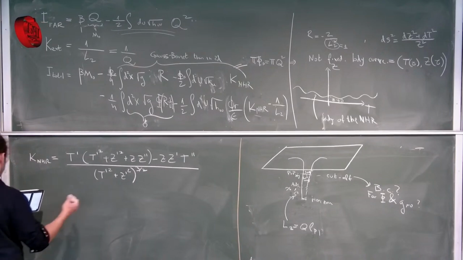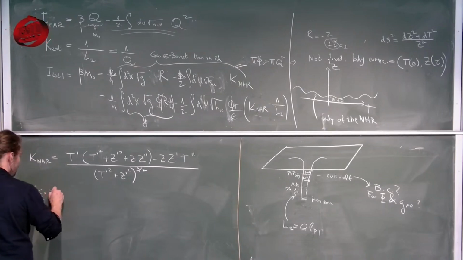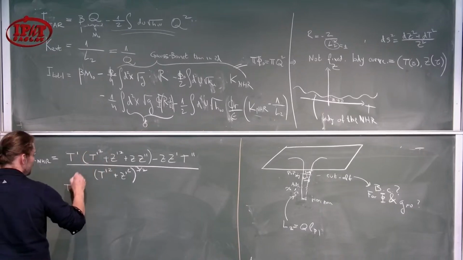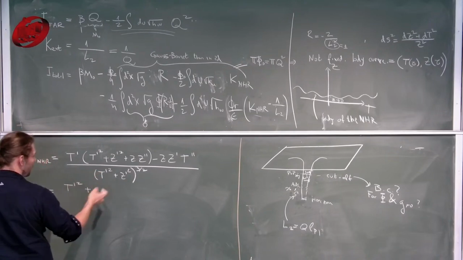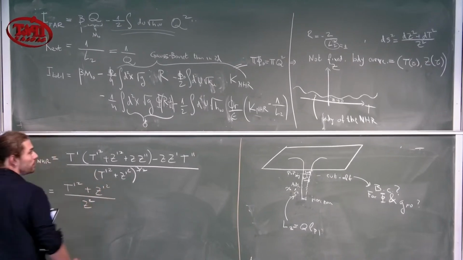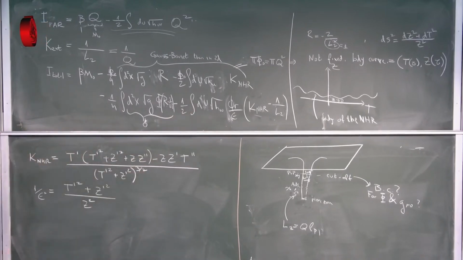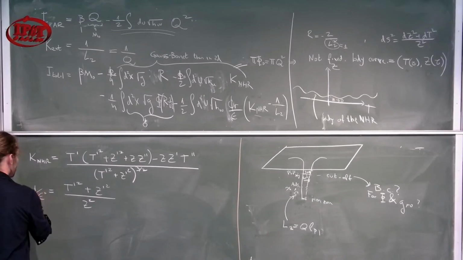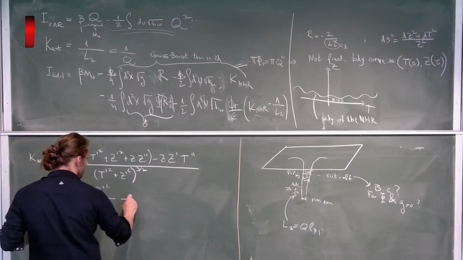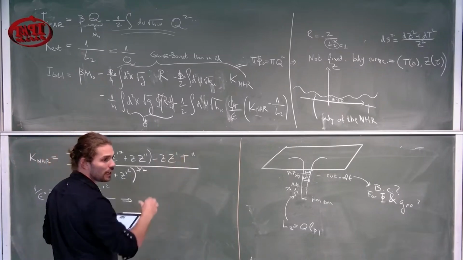So the only thing I need to impose is that the induced metric is 1 over epsilon. The induced metric in terms of T and Z is given by T prime squared plus Z prime squared divided by Z squared, just following from the form of the metric in 2 dimensions, right? If I work in the limit in which epsilon is a very small cutoff, this implies that the parameters T and Z are related.